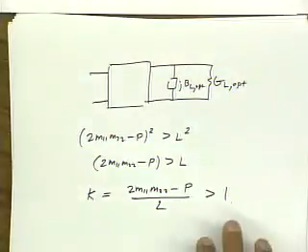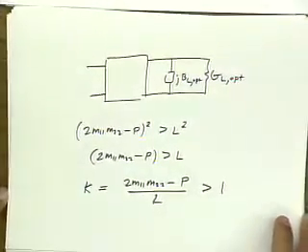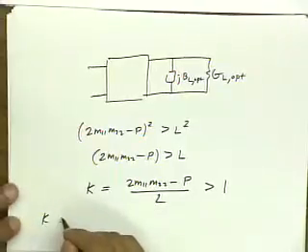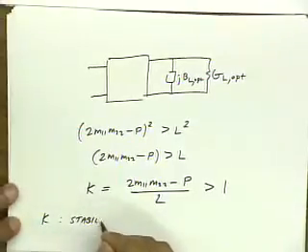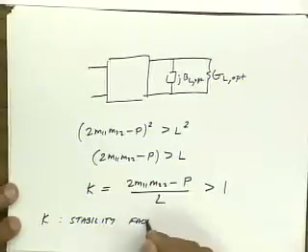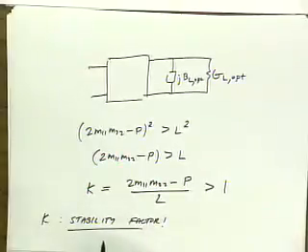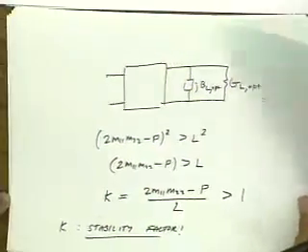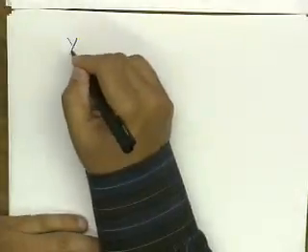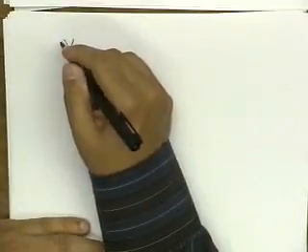Now what's interesting is that k is actually called the stability factor, and it plays a really important role. In fact, these equations that we derived for the optimum load impedances can all be reformulated in terms of k.